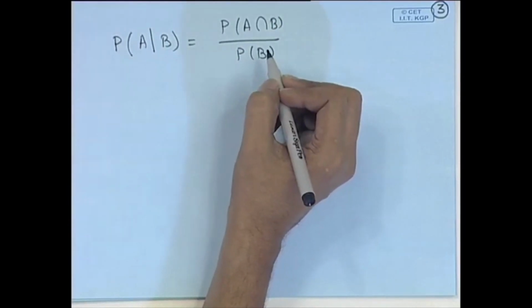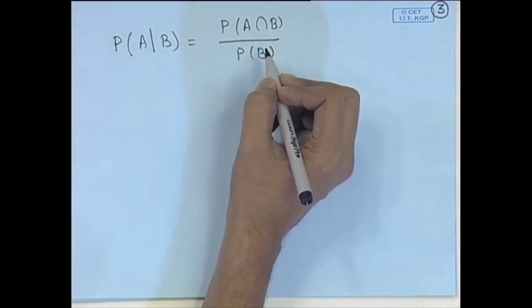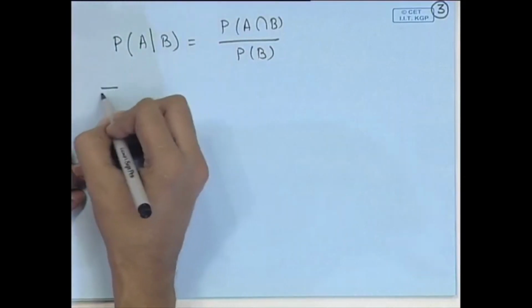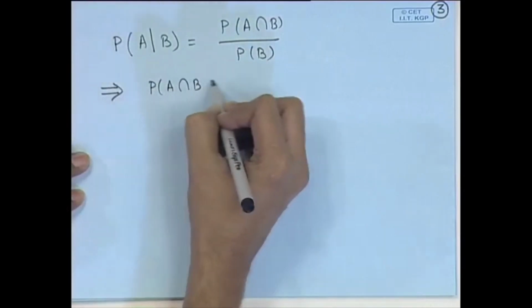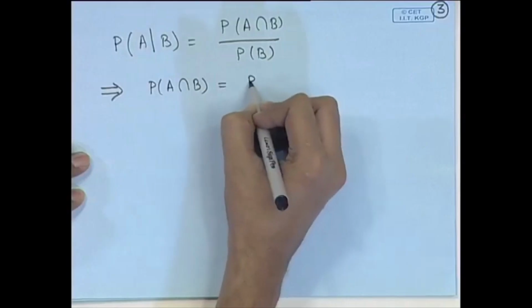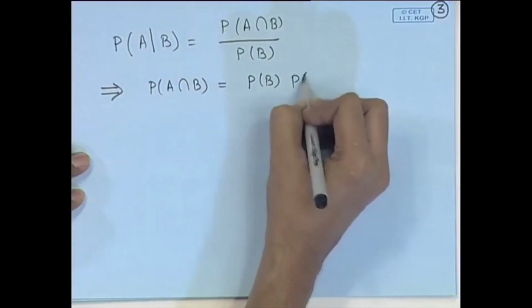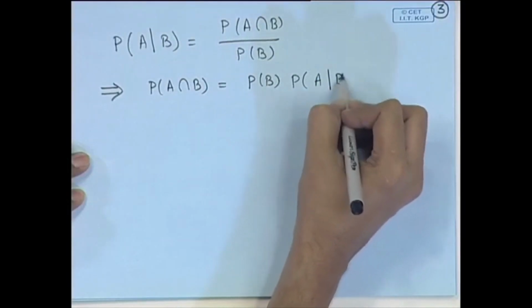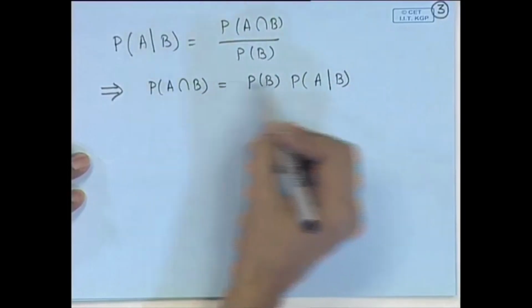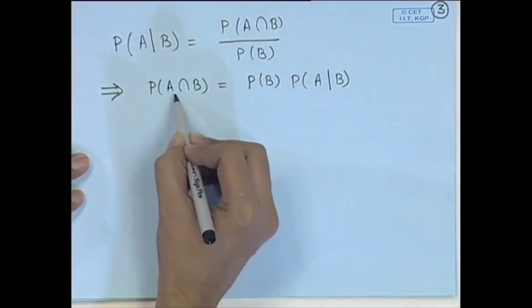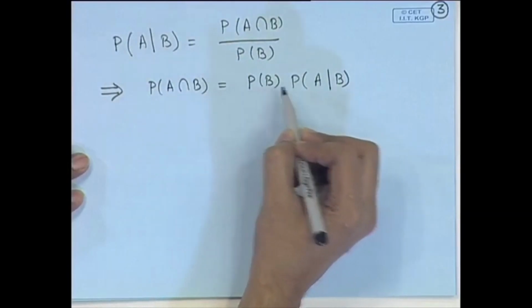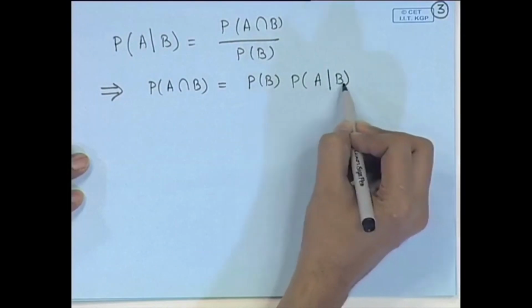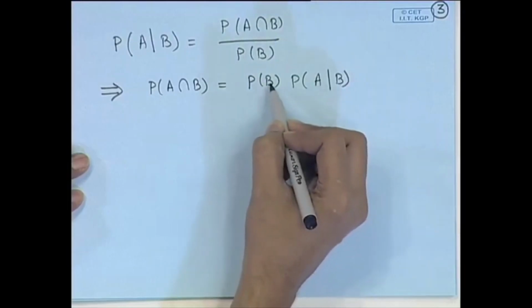This statement we can write as P(A intersection B) is equal to P(B) times P(A given B). An interpretation of this statement is that the probability of simultaneous occurrence of A and B is equal to the conditional probability of A given B multiplied by the probability of B alone happening.